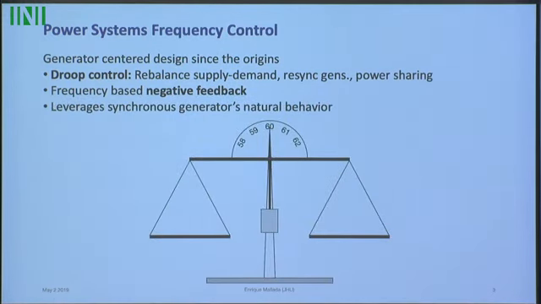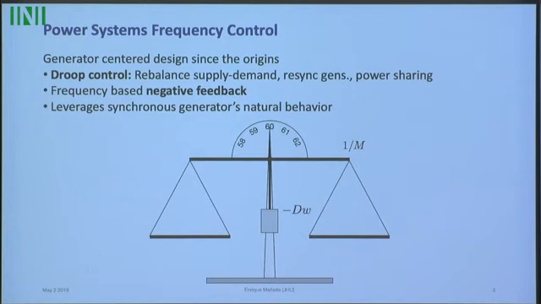Usually when you talk about frequency control, you see this balance between demand and supply. So I'd like to give a more precise version of this. You could think of the length of these arms as inversely proportional to the inertia, and think of this counterbalance as these frequency-dependent loads.